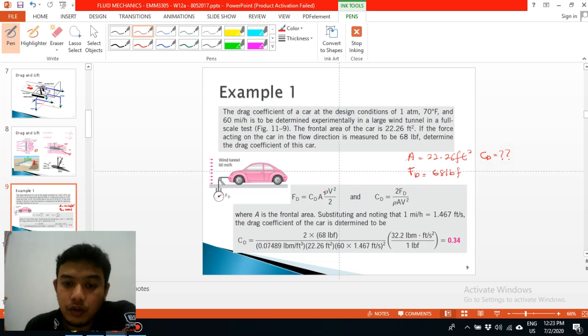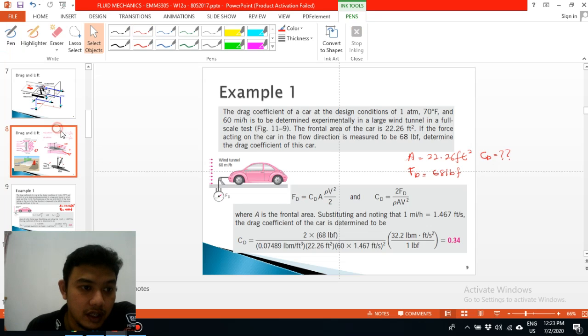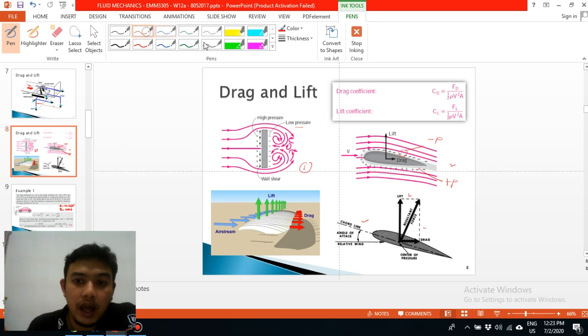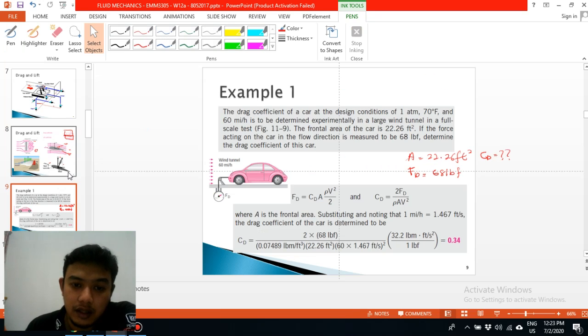Previously, we have two types of formula. The drag coefficient C_D is equal to F_D, the drag force, divided by 1/2 rho V squared A. Meanwhile, the lift coefficient C_L is F_L divided by 1/2 rho V squared A. Based on these two formulas, we can calculate the answer.